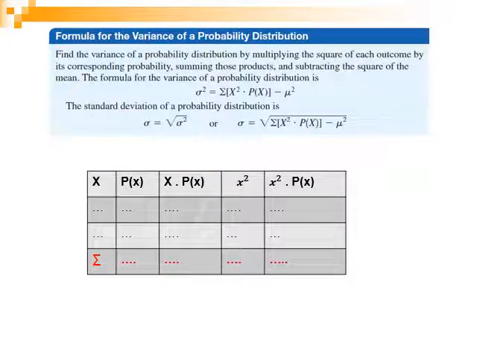The second important formula for us is the formula for the variance of the distribution. As we studied before in the descriptive statistics course, there are two types of measures: the measures of location and the measures of dispersion.